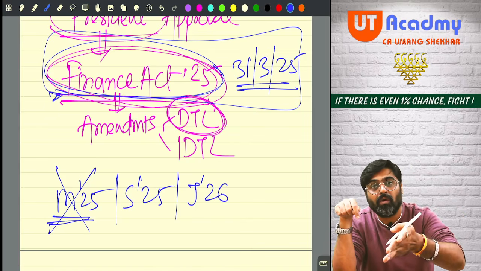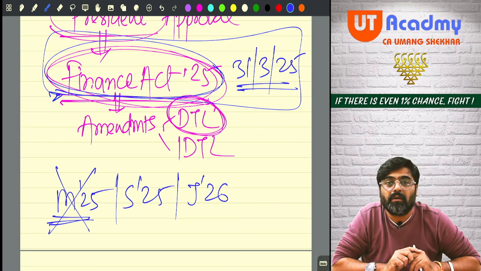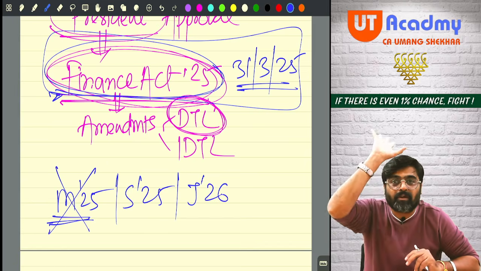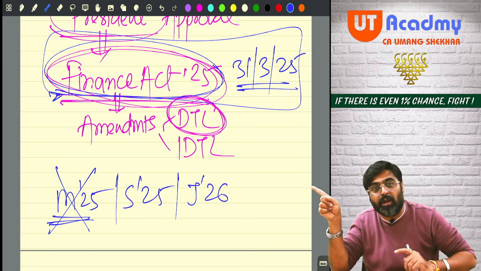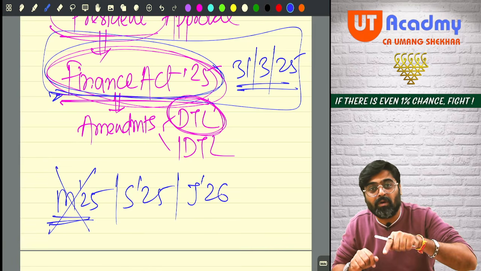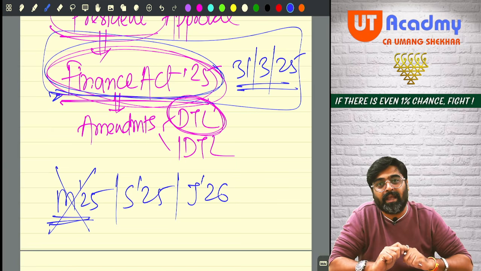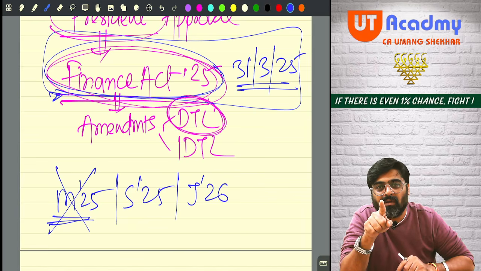So by now, you would have at least studied 50 to 70% of your income tax syllabus as per the old law itself, 24. And now we tell you to read this amendment and come for the exam. It will be a hardship for you, no?